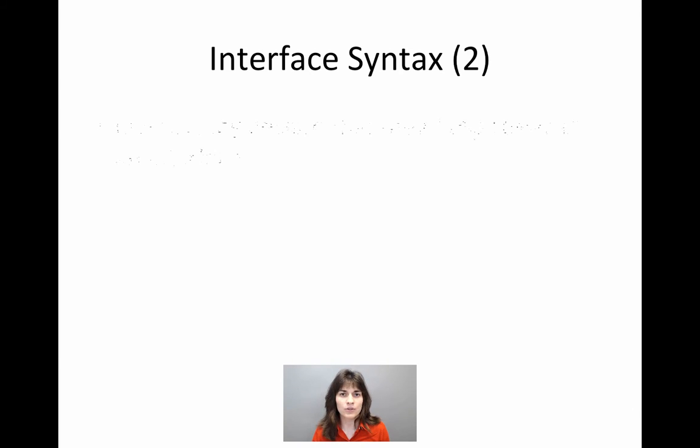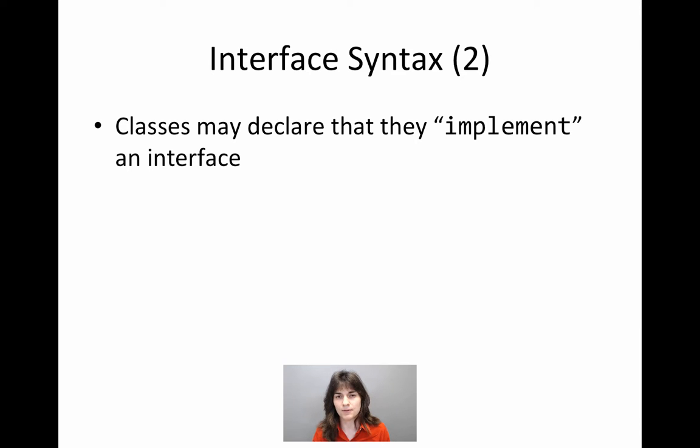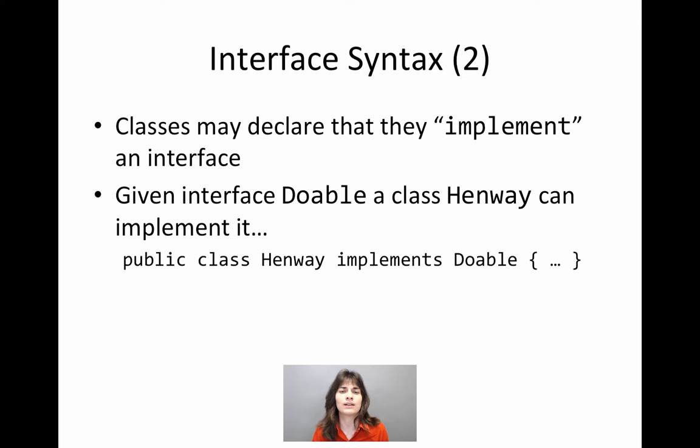Now, classes can also implement an interface. Suppose that we have declared the interface Doable, then a class wants to implement that interface. You can see on the screen the syntax that we need to use. Class Henway implements Doable.